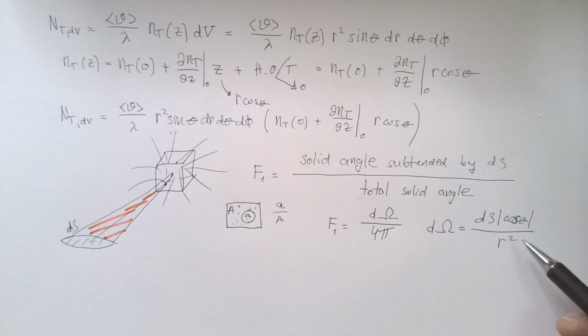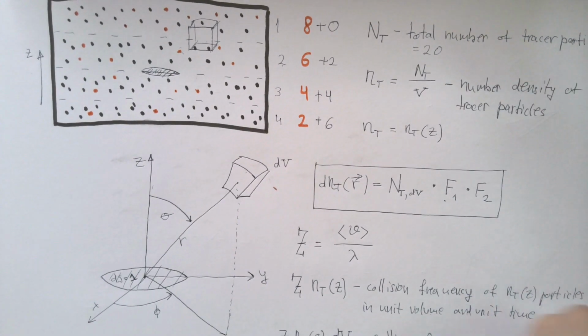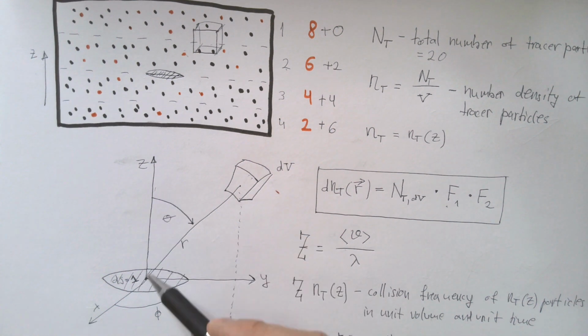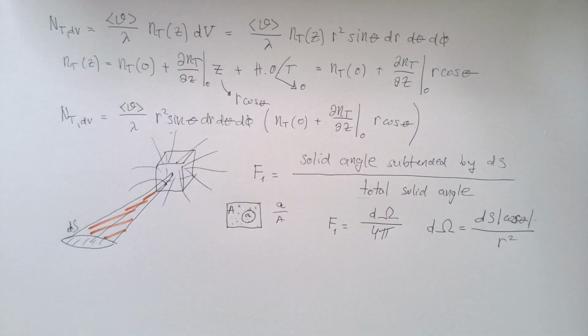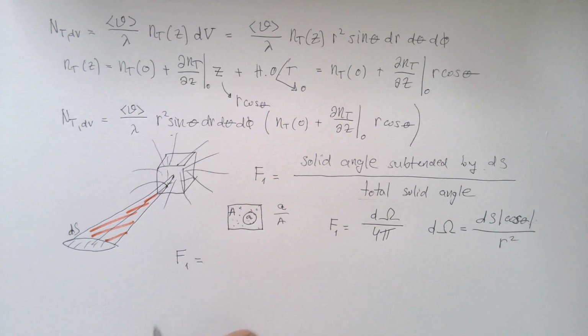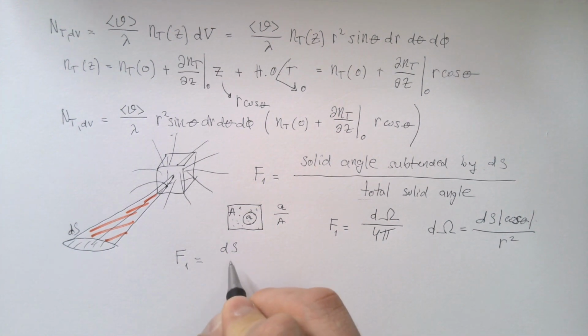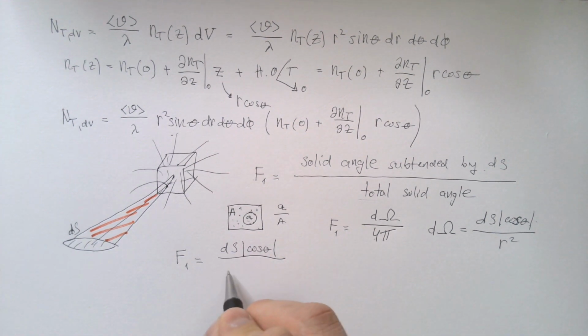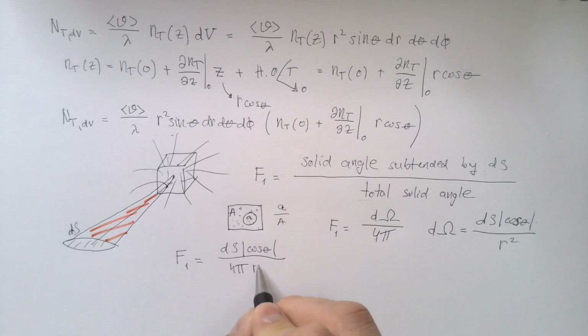I also said we have to use absolute brackets over here, because this needs to be positive, and the solid angle could end up being negative when we look into the element dv that is in the negative part of the z-axis. To prevent that, we have the absolute value over here. At any rate, check my video on the solid angle if you want more details. So combining this information, I get that F1 is equal to ds times absolute cosine theta divided by 4 pi r squared.